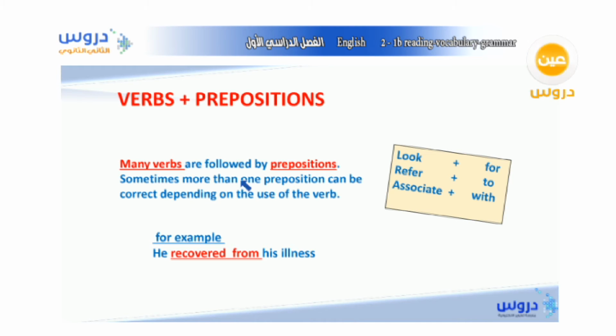So we say that many verbs are followed by prepositions. Sometimes more than one preposition can be correct, so it depends on the use of the verb. So we can say look for something, which means to search for something. Refer to something is to signal about something, and associate it with something is linked or connected to something else.